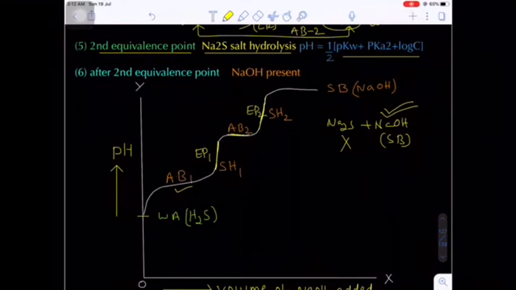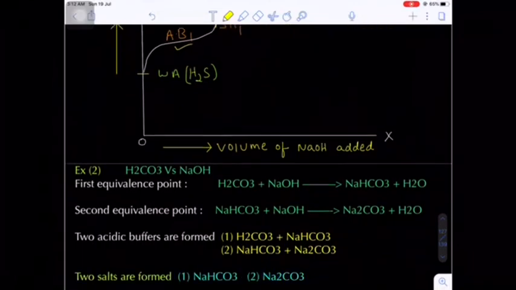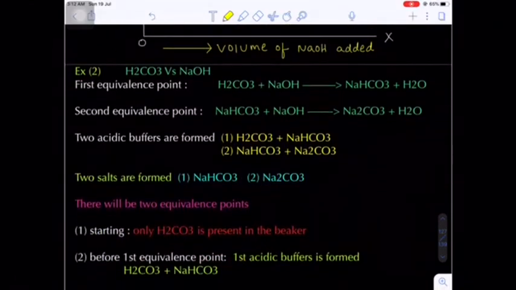After that, again you will get the second acidic buffer. After getting the second acidic buffer, now at the second equivalent point, EP2, you will get the second salt, that is Na2S. After that, in the final mixture you have the NaOH along with Na2S, but the pH of the solution is decided by the strong base, not by the salt. Are you getting my point?